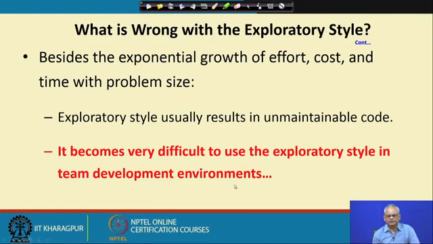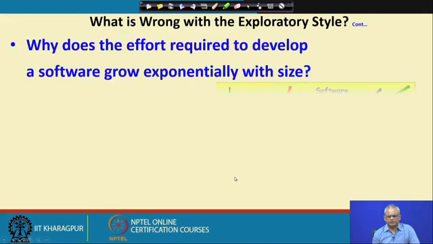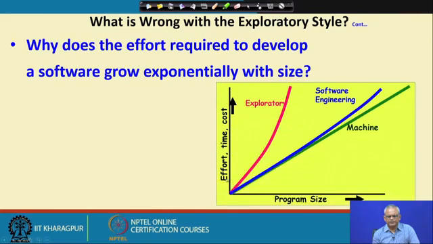But let us investigate why it is so. What is wrong with the exploratory style, whereas using the software engineering principles we are able to overcome this. So, that is a basic question we must understand the answer to. We should be able to answer why it is that in the exploratory style there is an exponential increase in the effort, time, and cost, and we keep that down to a linear increase using software engineering principles.